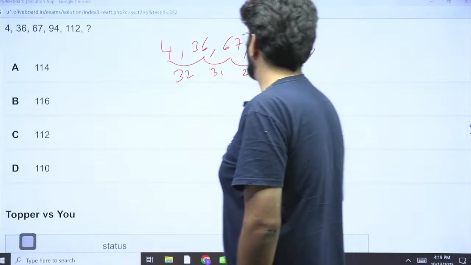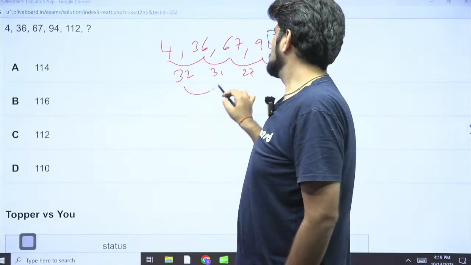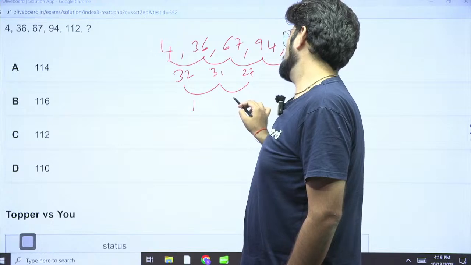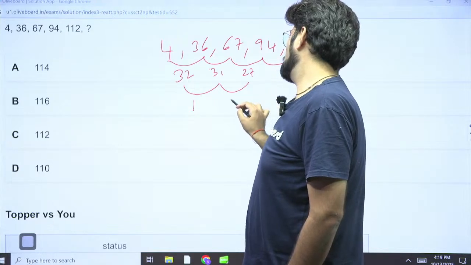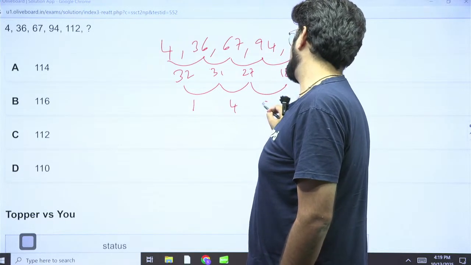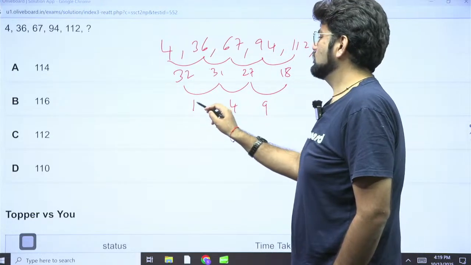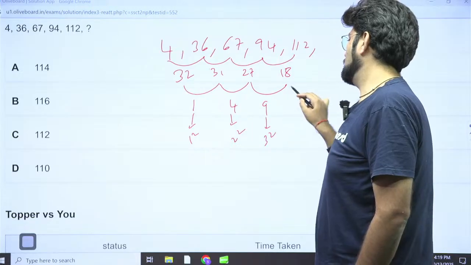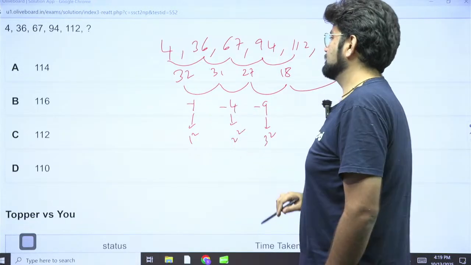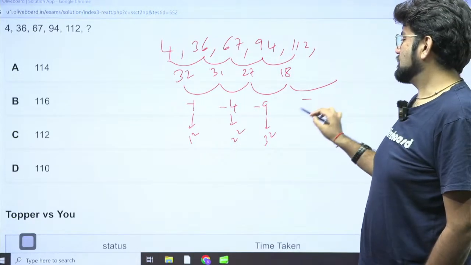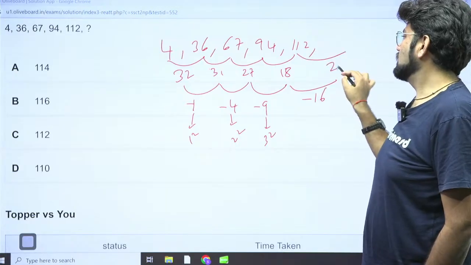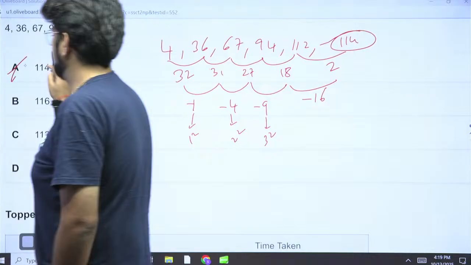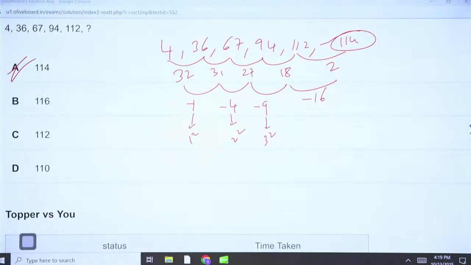So let's check the double difference. 32, 31 is 1. 31, 27 is how much? 4. This is 9. Oh, okay. This is 1 square. This is 2 square. This is 3 square. And we are subtracting these differences. So next we'll subtract 16. So we'll have 2 here. So 112 plus 2 will be 114. Option A. Good question. Very good question.